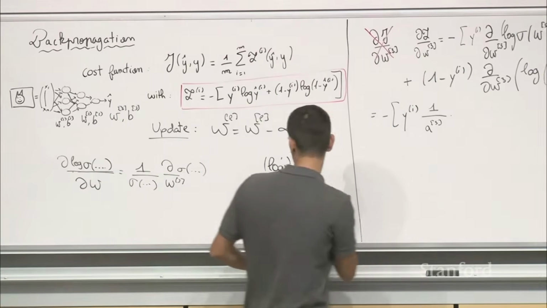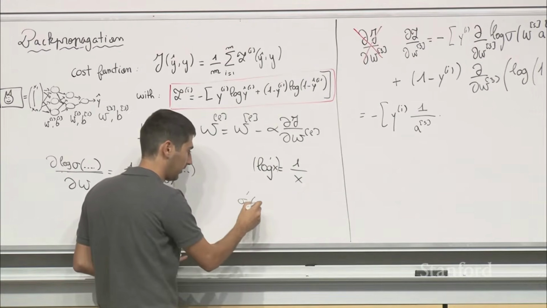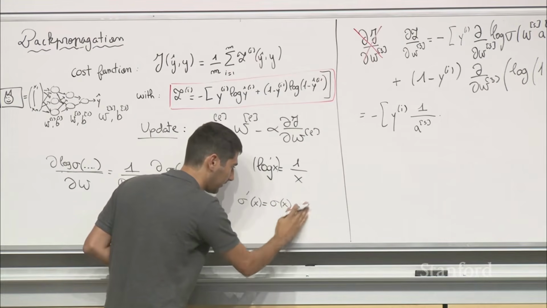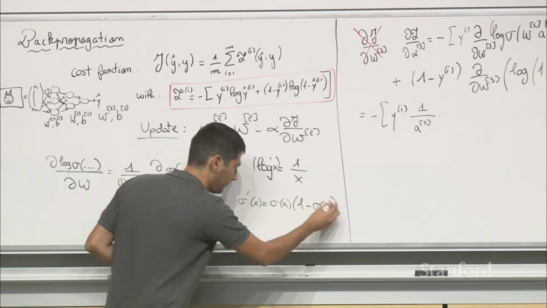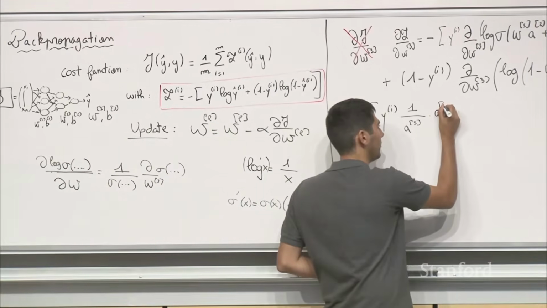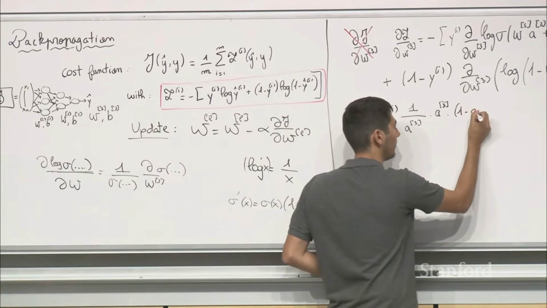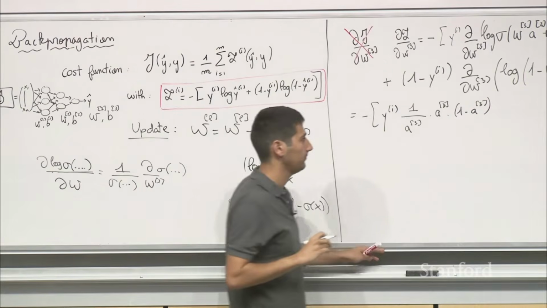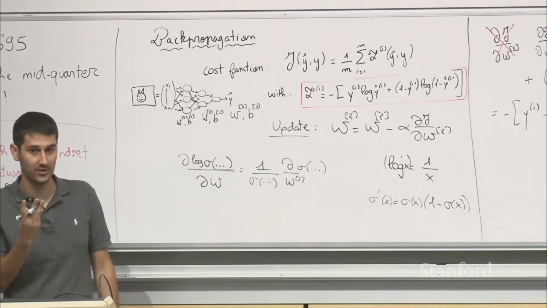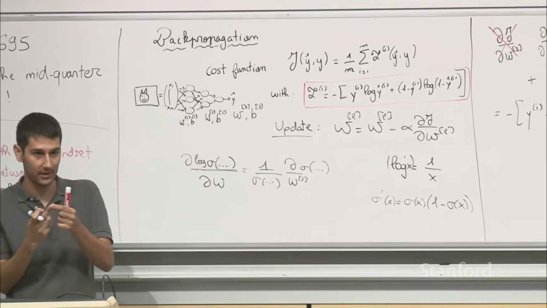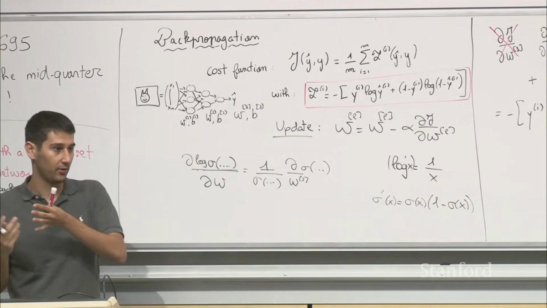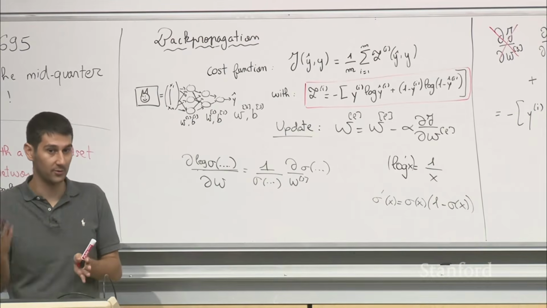So the derivative of sigmoid, sigmoid prime of x, is actually pretty easy to compute. It is sigmoid of x times 1 minus sigmoid of x. So I'm just going to take the derivative, and it's going to give me A3 times 1 minus A3. There is still one step because there is a composition of three functions here: a logarithm, a sigmoid, and also a linear function, W A2 plus b. So I also need to take the derivative of the linear part with respect to W3.